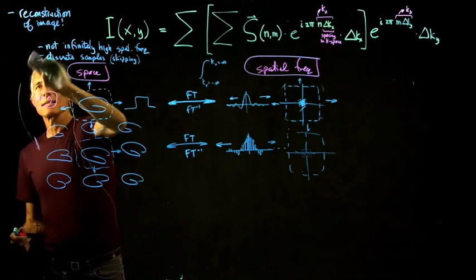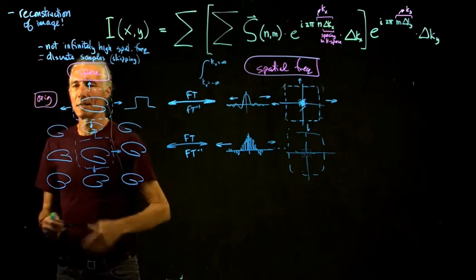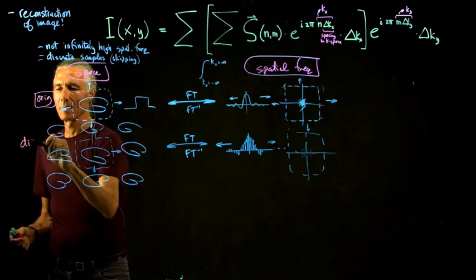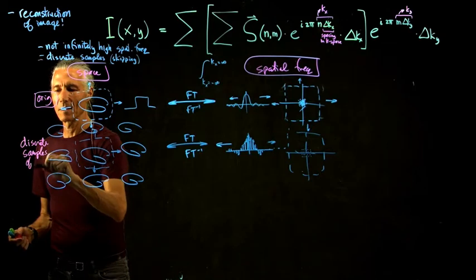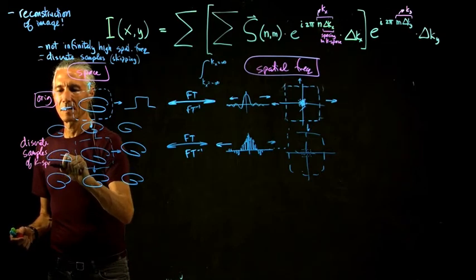But now we've got another problem, which is edge. So discrete samples of k-space makes replicas.